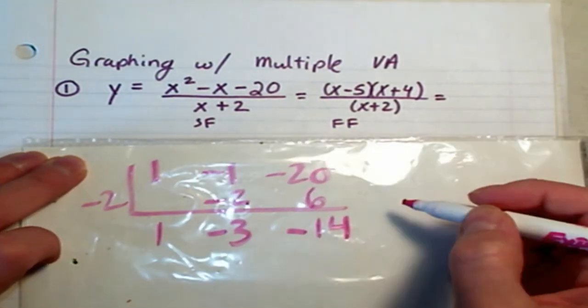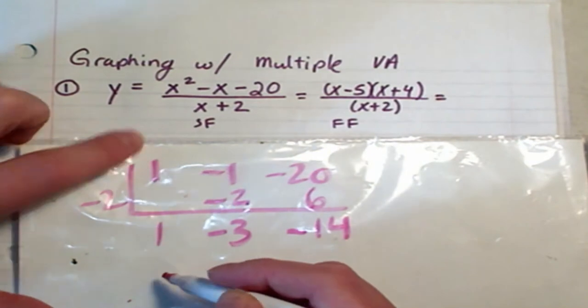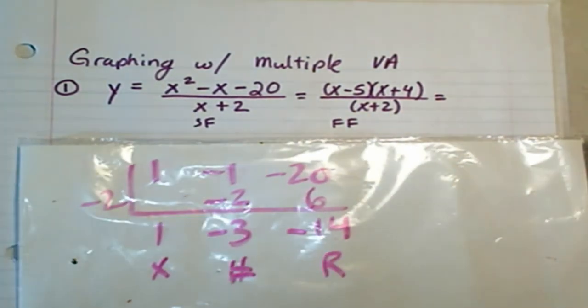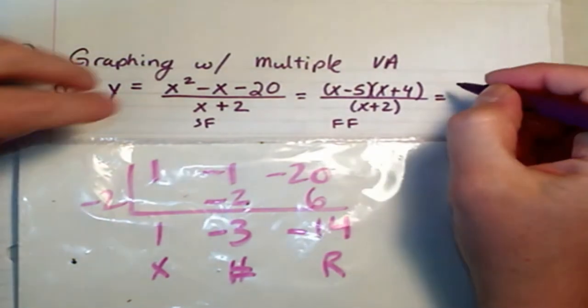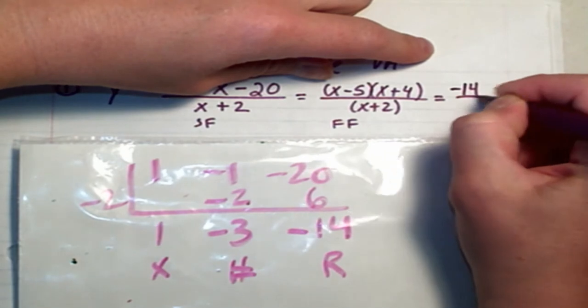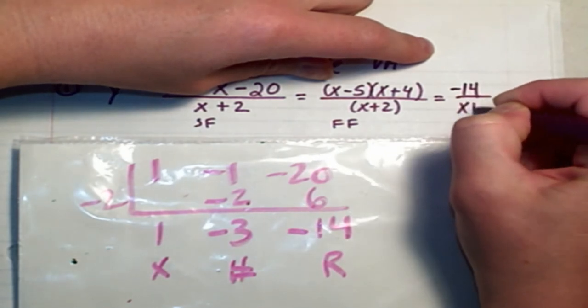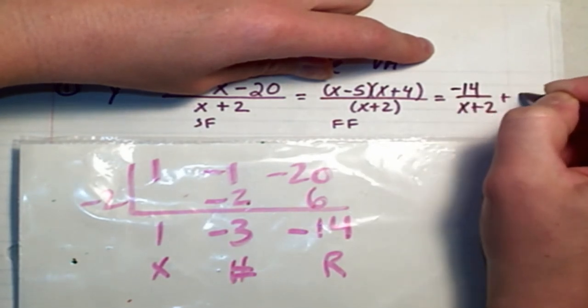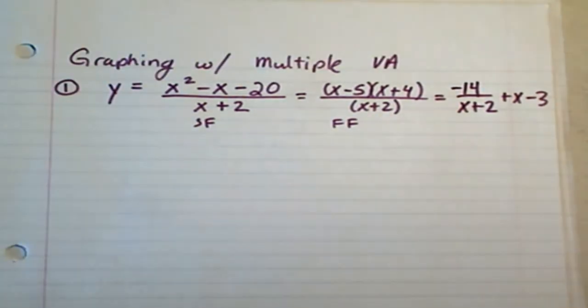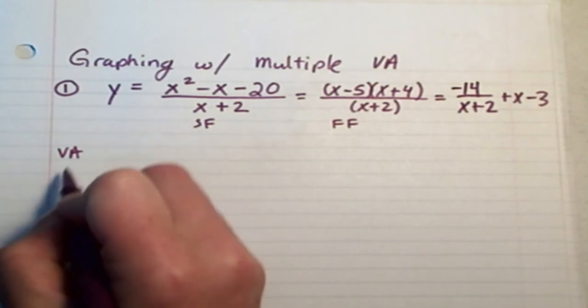All right, so that's going to give me, now this was squared, so this is going to be x, number, and remainder. So let's write up our divided format. I'm going to switch the order. Okay, let's do it. Let's write down our characteristics.